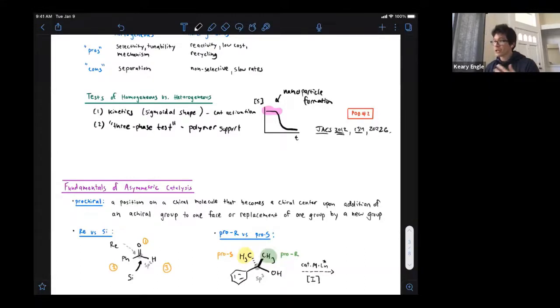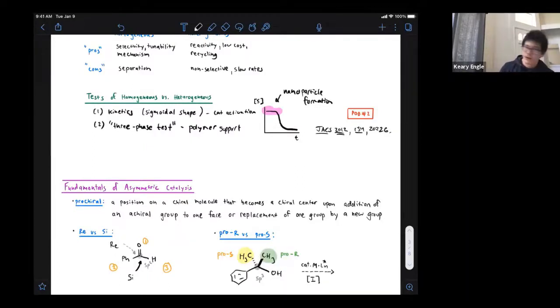So you'd expect such a reaction to proceed very, very slowly because you have two solid phases that don't have any reactive interface. If it's homogeneous, we all know that reactions can happen at a polymer surface, so you expect it to be faster. And you could also think about immobilizing the catalyst, but you have to be careful about how labile the ligand-metal bonds are in that case. That would be a limitation.